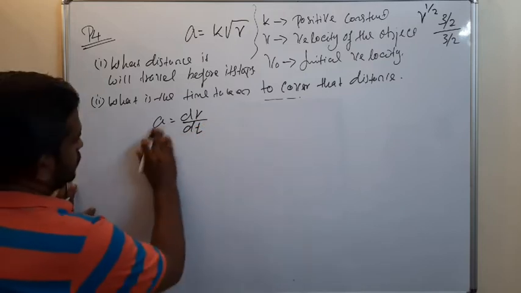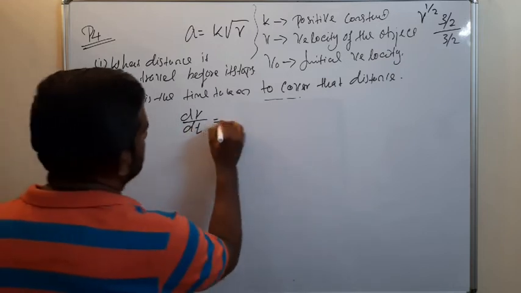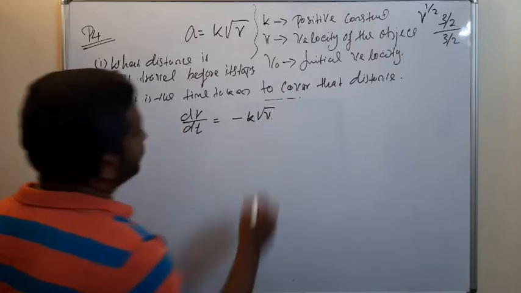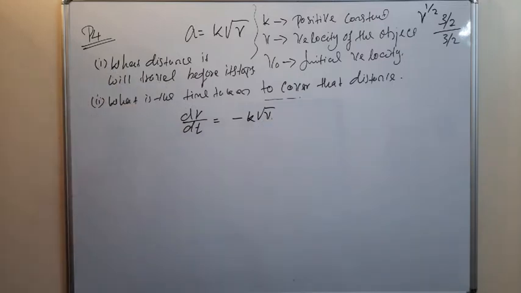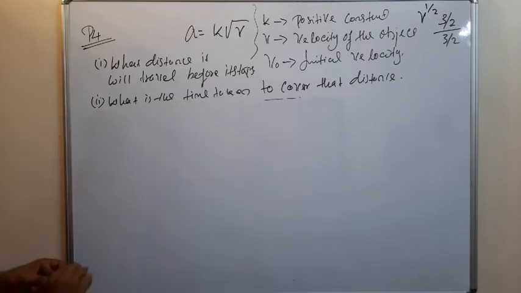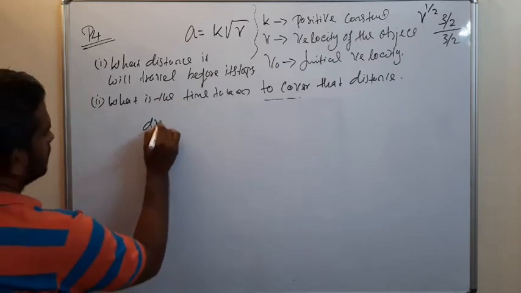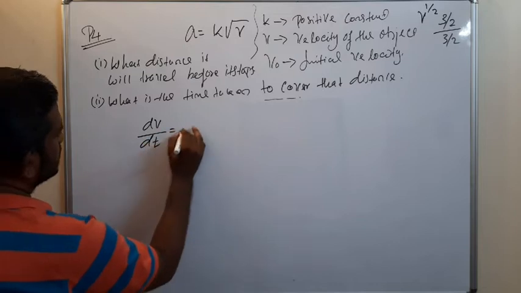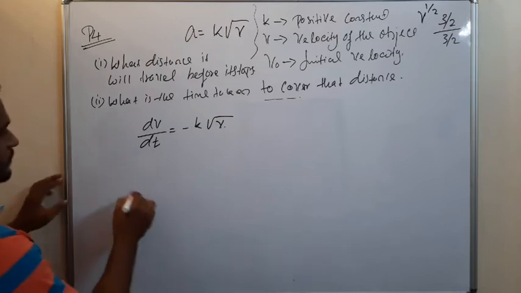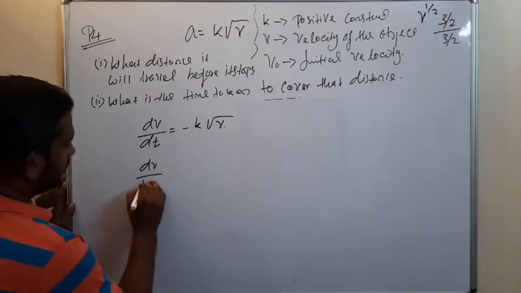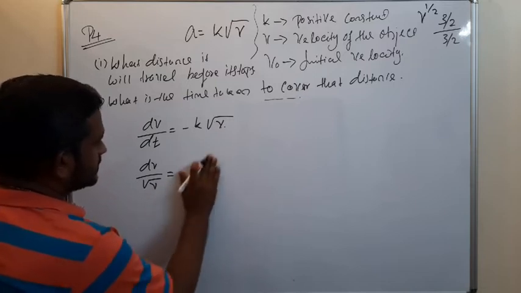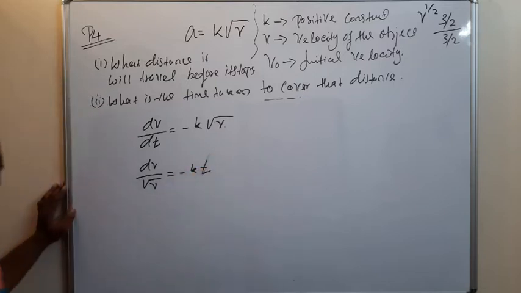So dv by dt is equal to minus k root v. So dv by root v is equal to minus k dt.